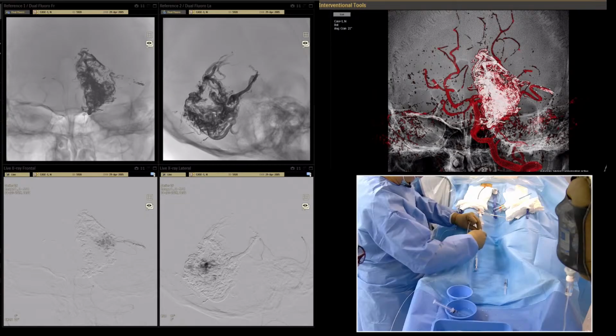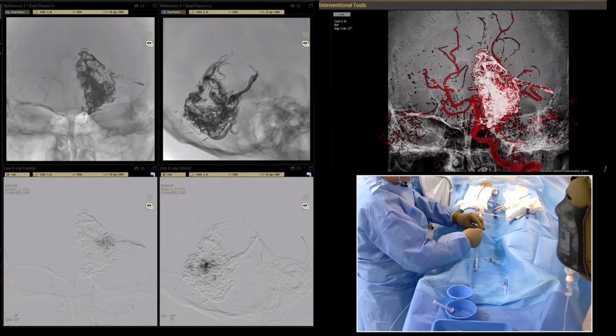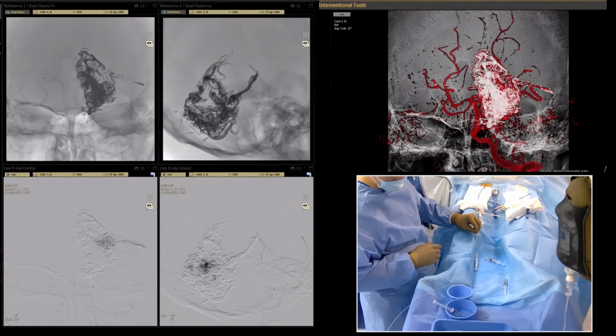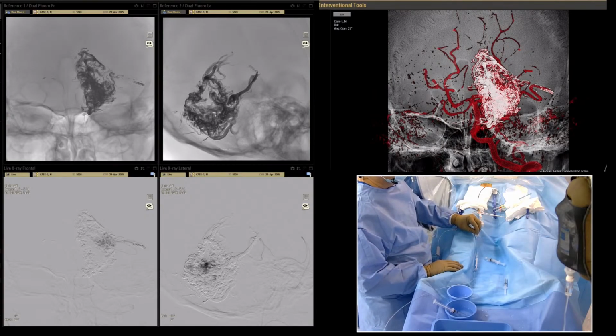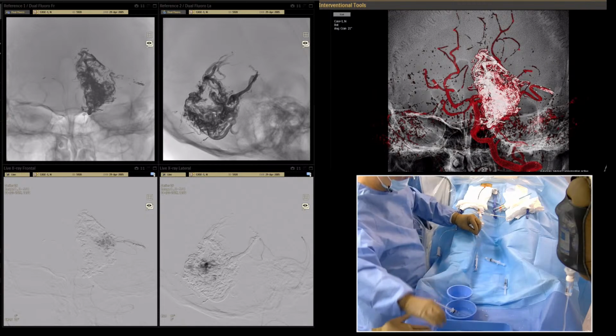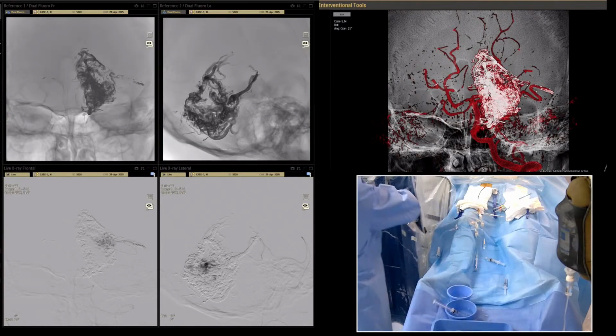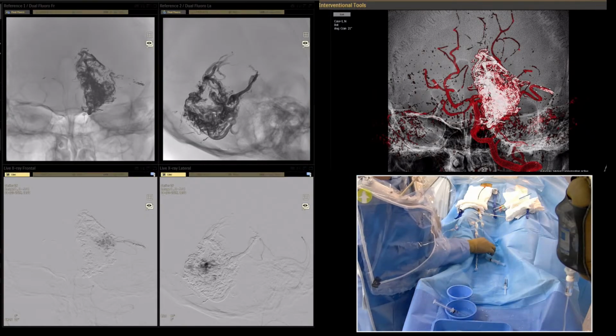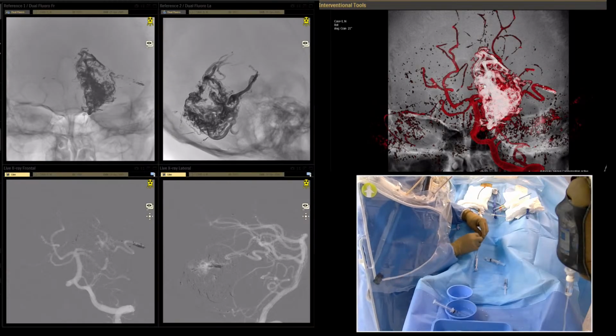I need to flush with saline. Then we'll keep the Headway Duo in SCA. During the retrieval of Sonic, it will be helpful.